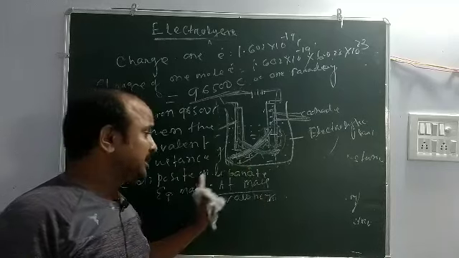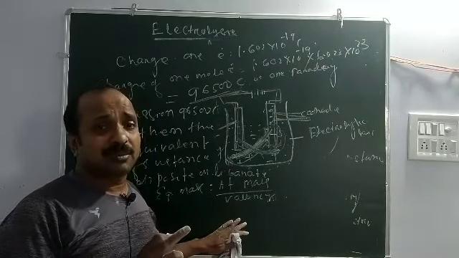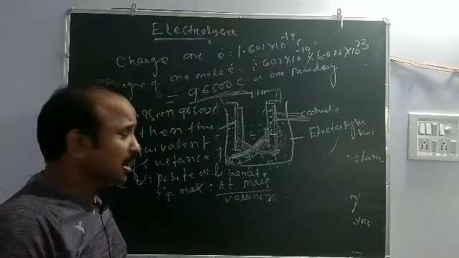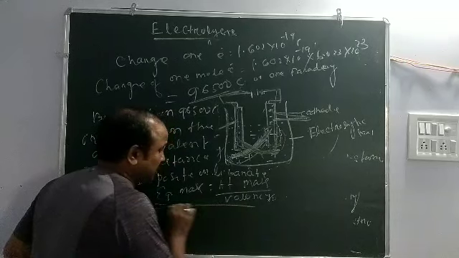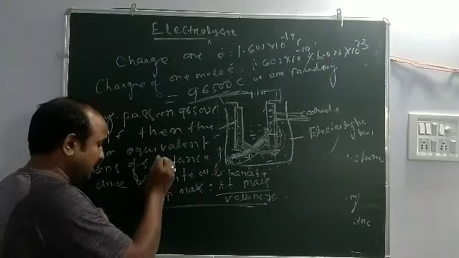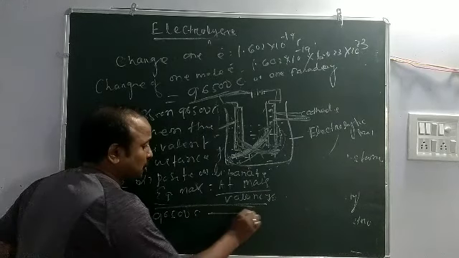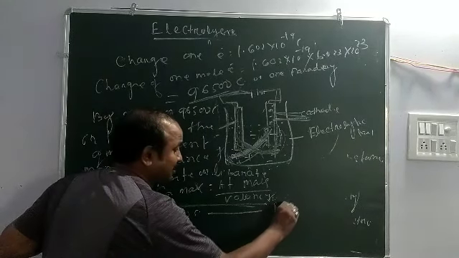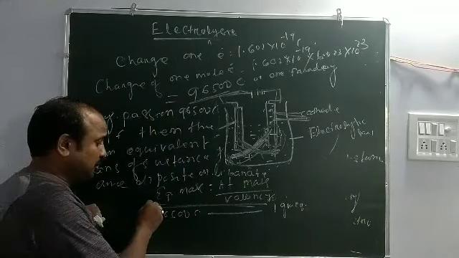If salt, molecular mass by valency of positive ion or basic radical, or negative ion or acid radical. So the equivalent mass is the most important part. When 96500 coulomb passes through a solution, 1 gram equivalent mass will deposit. This is the basic thing.